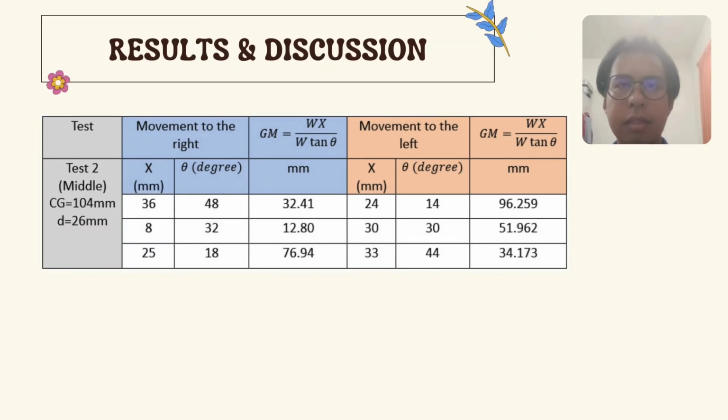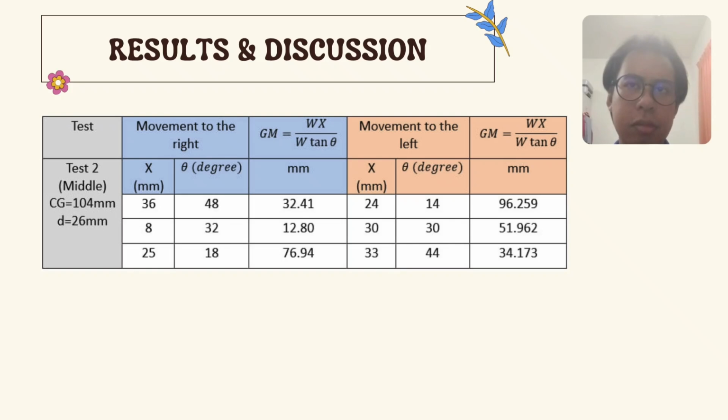Next, test 2 showed improved stability over test 1. Right tilts give GM values from 12.80 mm to 76.94 mm, demonstrating much better stability at smaller angles. Left tilts showed even higher stability, with the 14 degrees tilt producing the highest GM value of all tests.